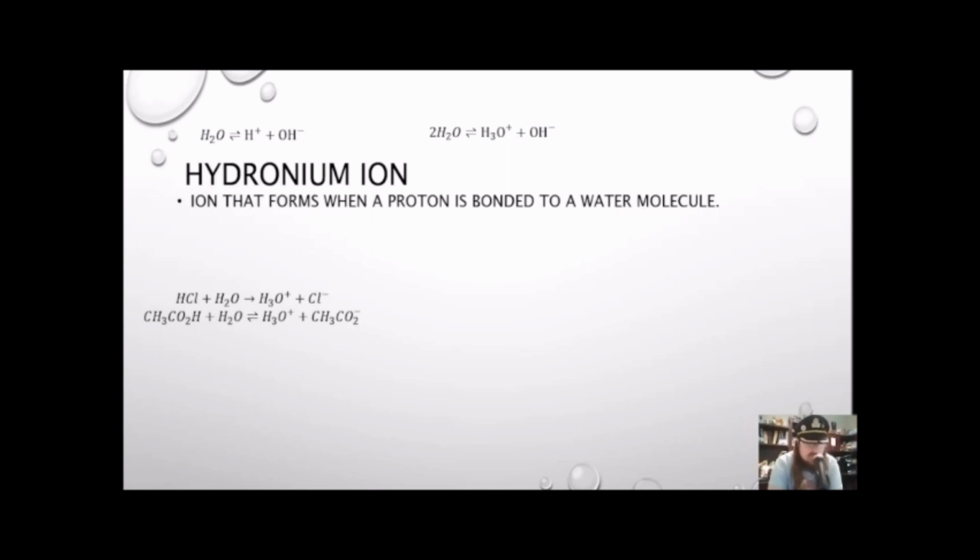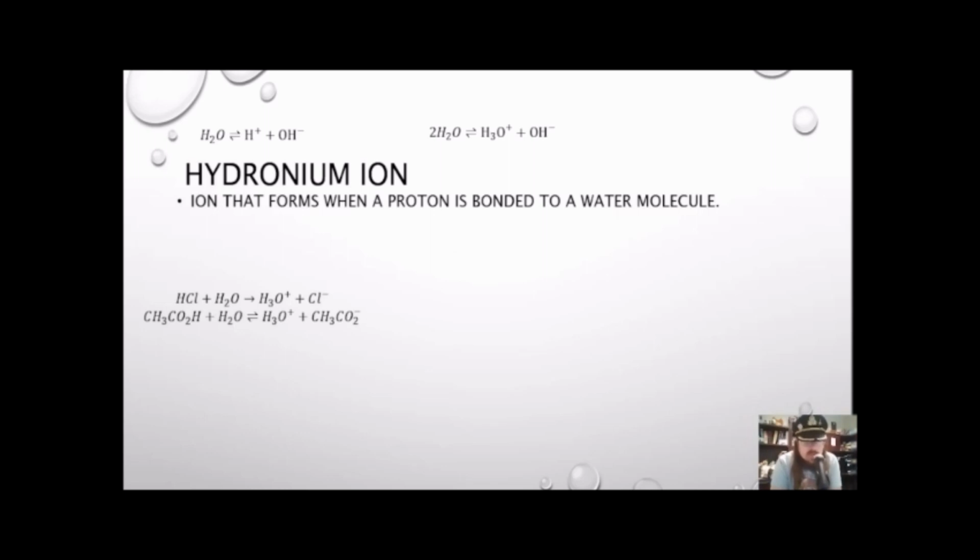And so the hydronium concentration of acetic acid will depend both on its starting concentration and its ionization potential. In this case, the extent of ionization would depend on the acid, and there's many different weak acids like this. Each one has a different ionization potential, and so each one has a different strength.